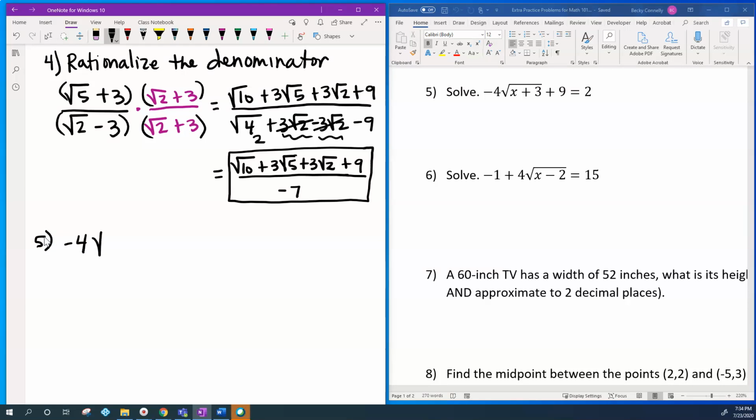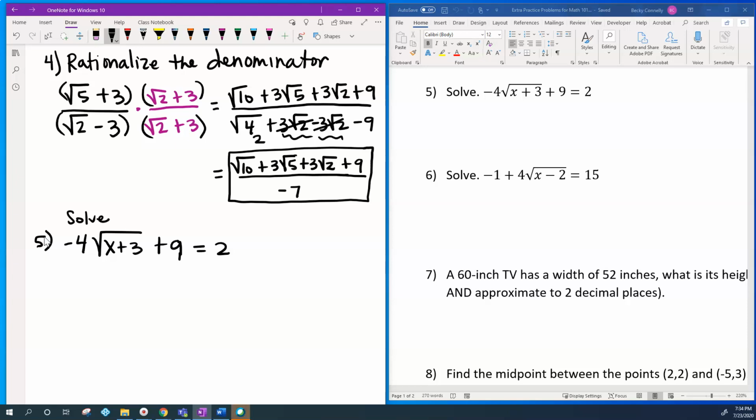So when we're solving a problem that has some kind of a root in it, the first thing that we want to do is we always want to get that root isolated, right? We want to get it by itself. And so sometimes there's other stuff out to the side that we need to get rid of first.